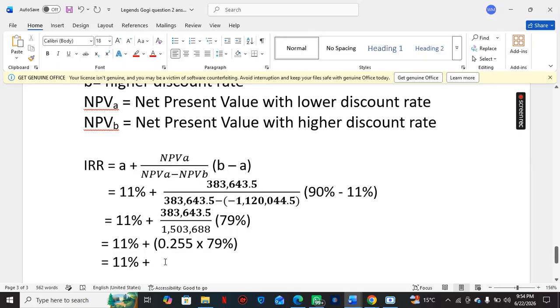Is the font okay? The 0.255 multiplied by 79.